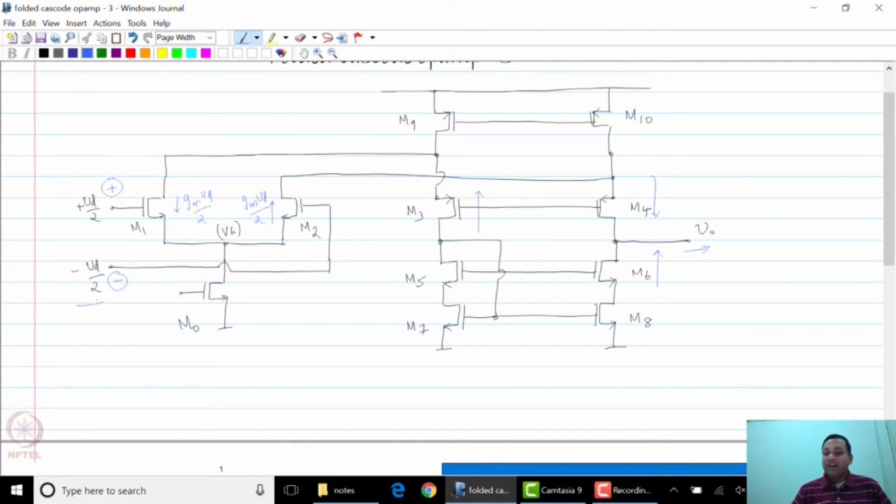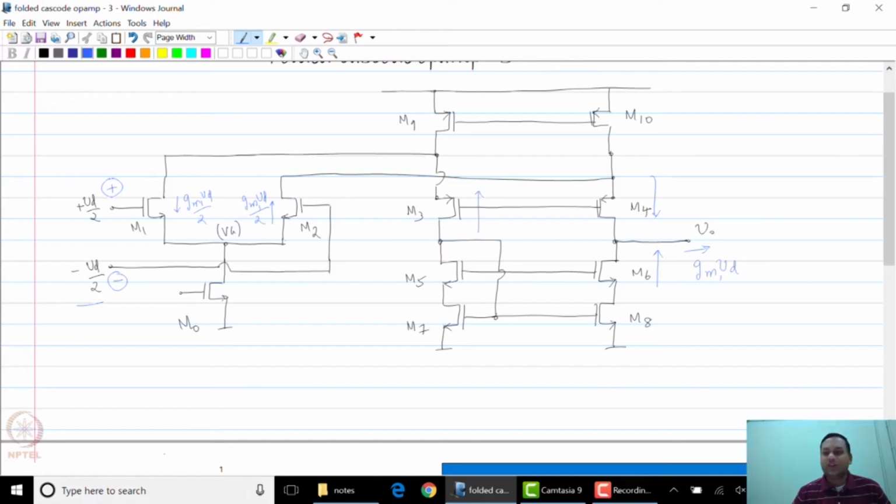And we are also going to assume that the transistors are designed such that most of this current does not flow through M9 and M10 but flows down into M3 and M4. And therefore, the total current flowing out would be Gm1 times Vd.